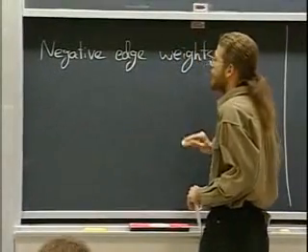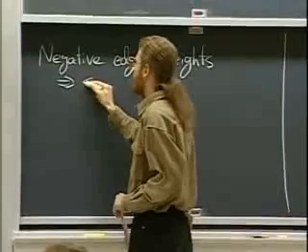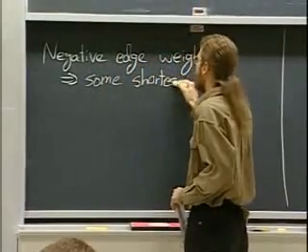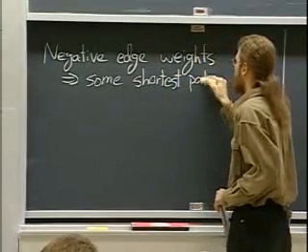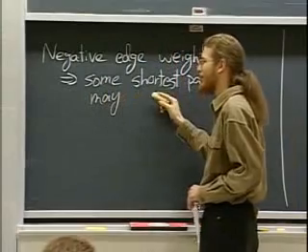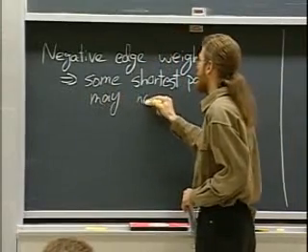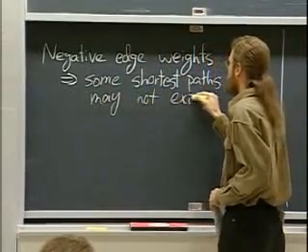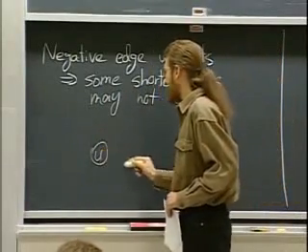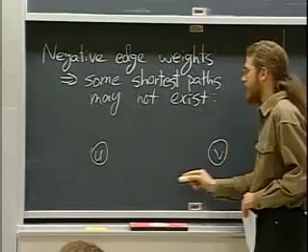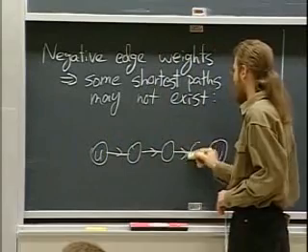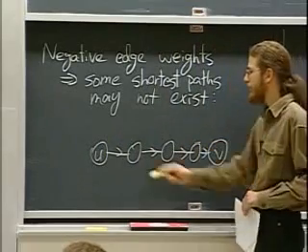So in principle, when you have negative edge weights, some shortest paths may not exist, in the sense that there is no shortest path from U to V. In particular, if I have 2 vertices U and V, and I want the shortest path between them, and I have negative edge weights, well, this is fine.